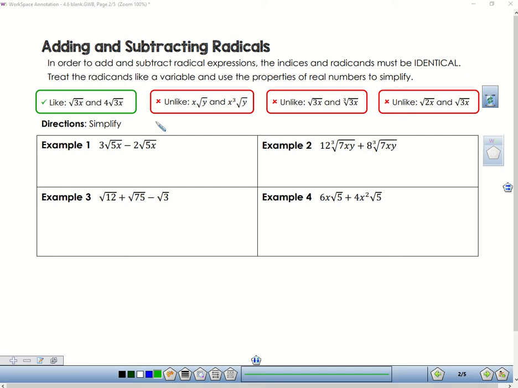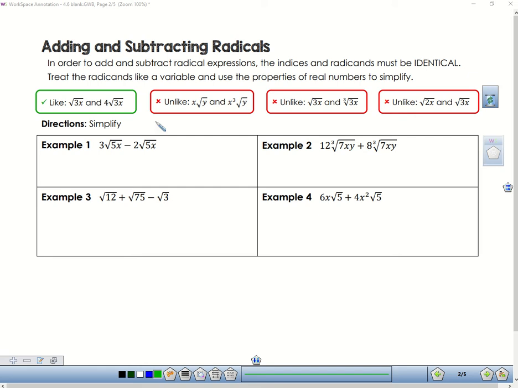And the next thing that you want to look out for that would also make it not a like term is if it has variables outside of the square root that are not like terms. As you can see here, these both have the same radicand and type of radical, but the problem is these are not like terms because they have x to a different degree. So make sure you're looking out for that.